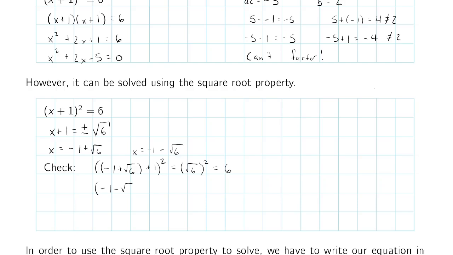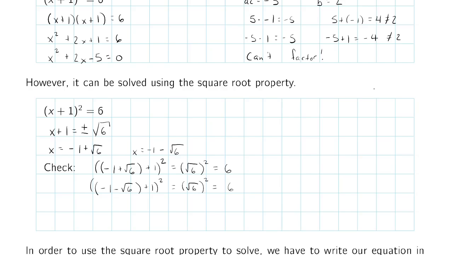Negative 1 minus the square root of 6 plus 1, all squared. Negative 1 plus 1 cancels out, and we're just left with the square root of 6 squared, which again is 6. But that feels a little bit unsatisfying.